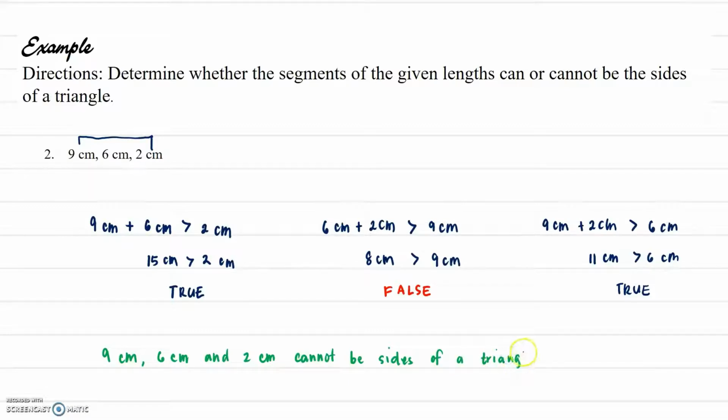So all of the statements should be true in order to say that the 3 dimensions can be sides of a triangle. Okay?